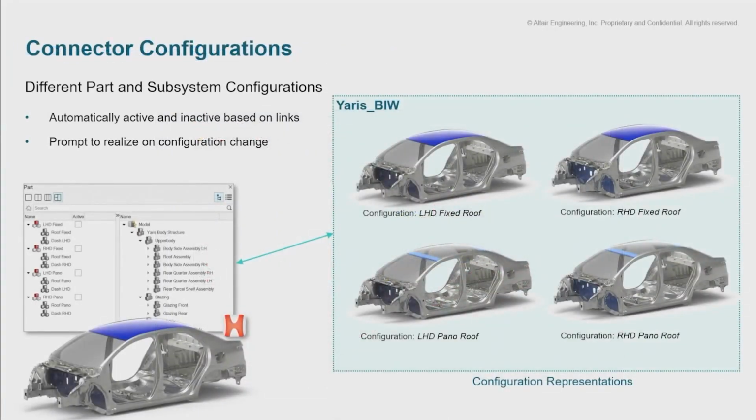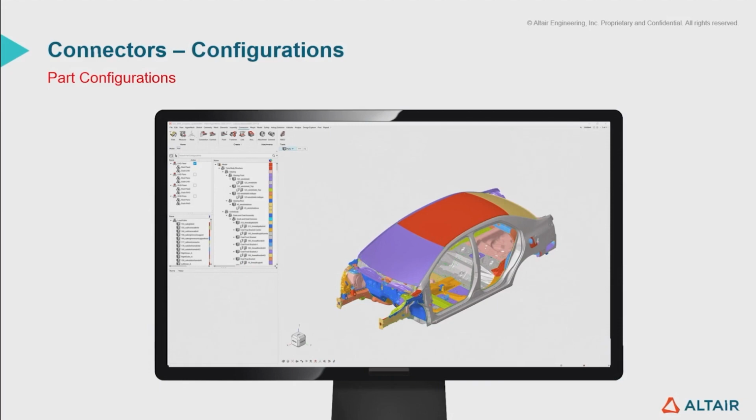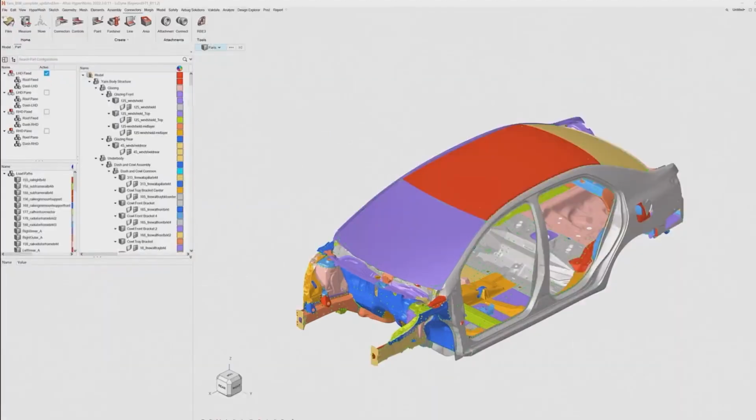I don't think Greg went into configuration management, but this really tries to leverage a lot of the work that's gone in from a model build to the model assembly side. So if you do have different representations of the same body in white structure, and you have different configurations of those body in white, what we can do from a connector side is work out what is currently active and what is currently inactive based on the links, and then make those connectors active or inactive based on the configuration change.